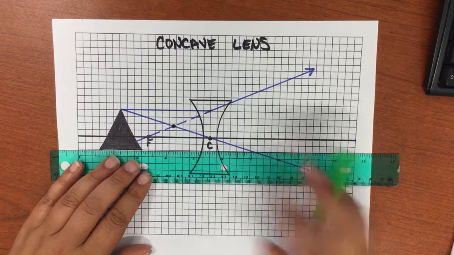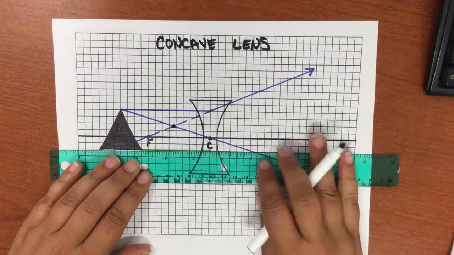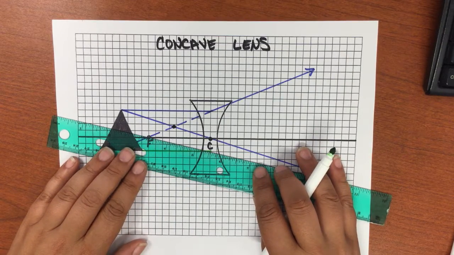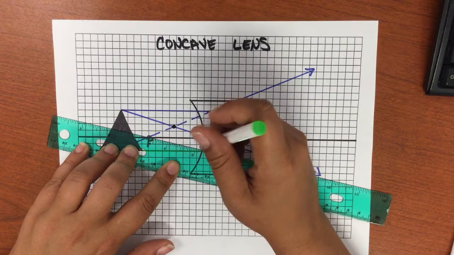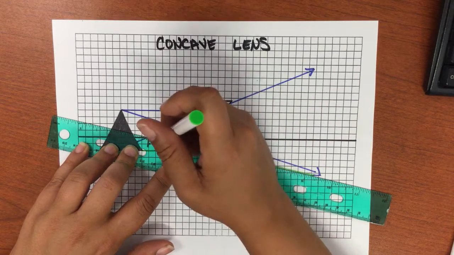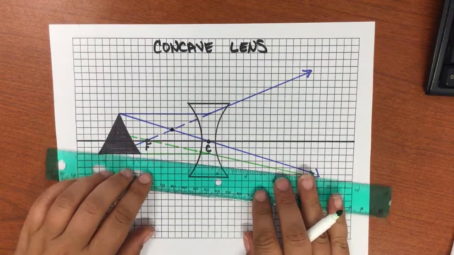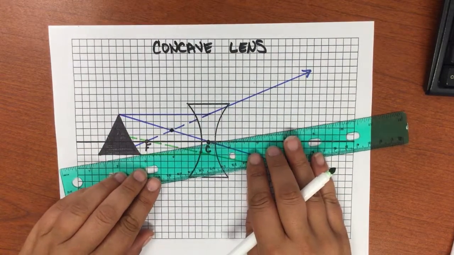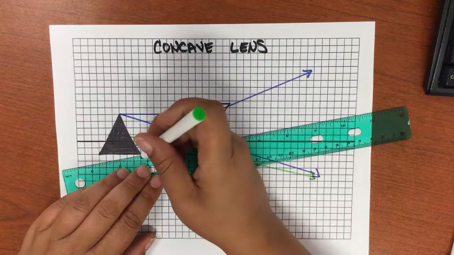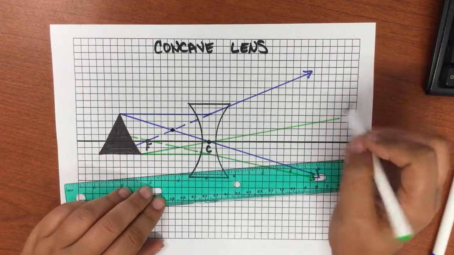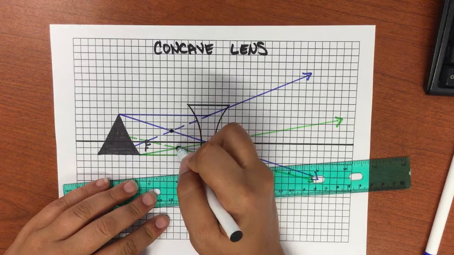The bottom will act the same. Goes to the center, refracts as if it came from the focal point. And since I had to follow back once, I'm just going to go ahead and follow back again. And then lastly, the ray through my center point. Find my intersections right about here.